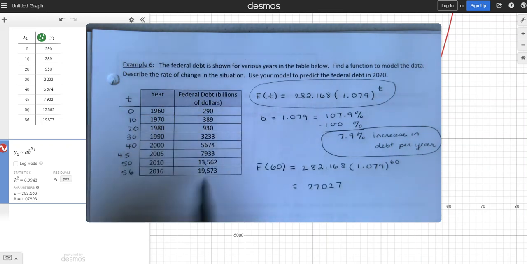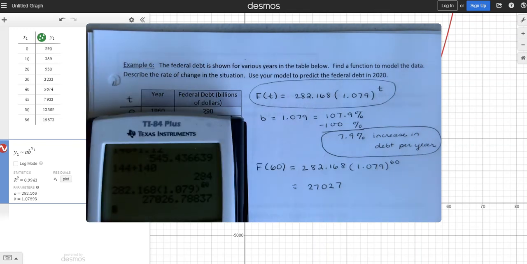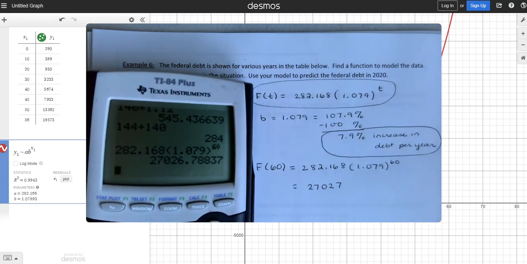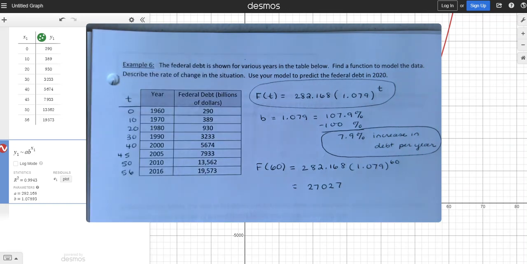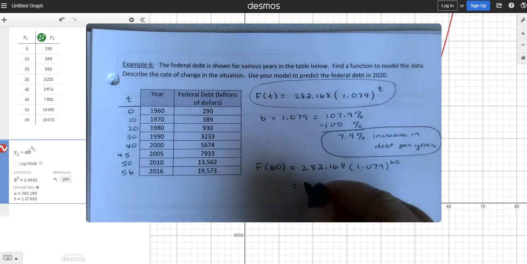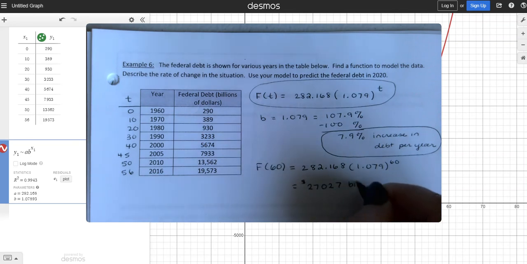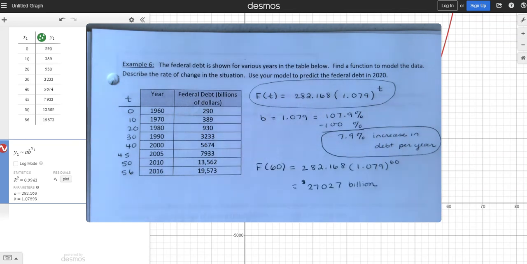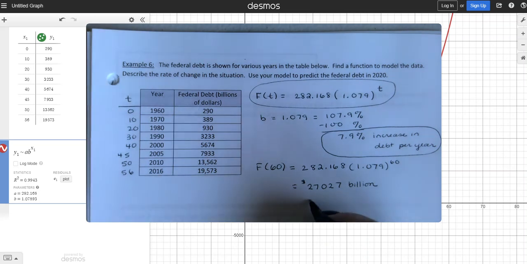Everything in the table is whole numbers, so I'm just rounding my value here to the nearest whole number as well. 27027. And that would be in billions of dollars. Notice that that's about 27 trillion if you put the decimal point right in there. And that was the prediction for 2020.